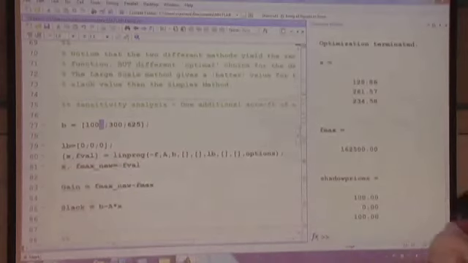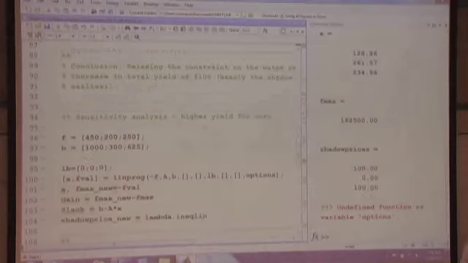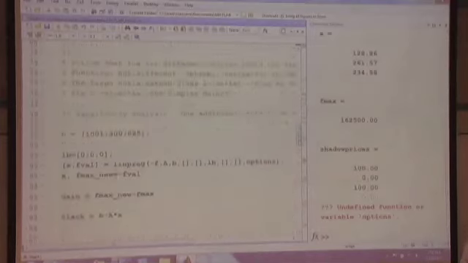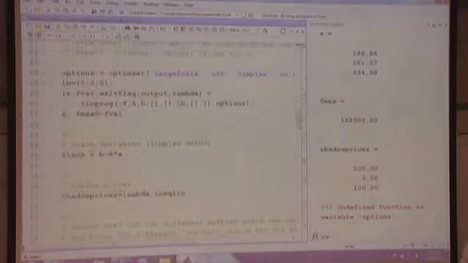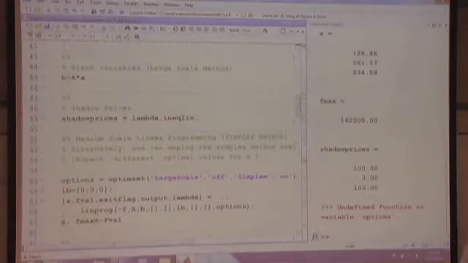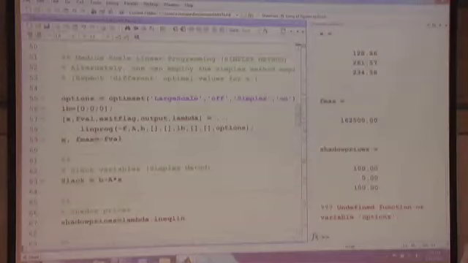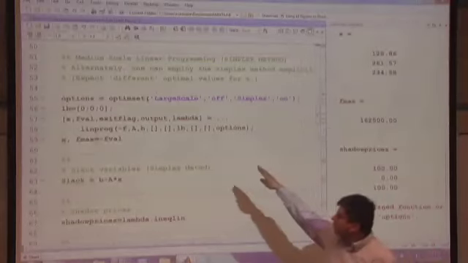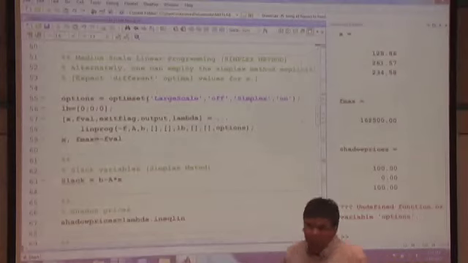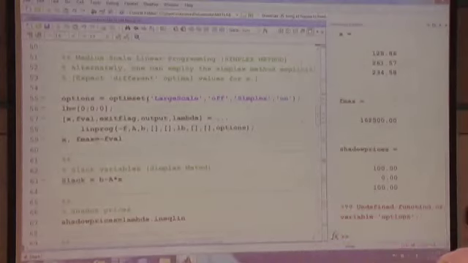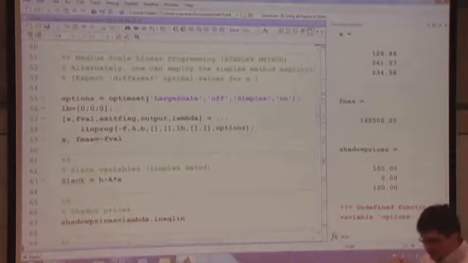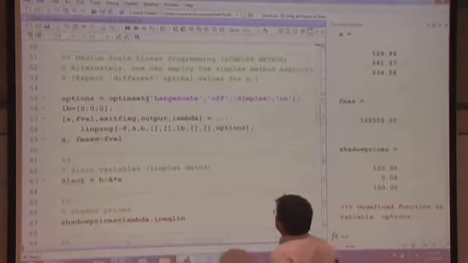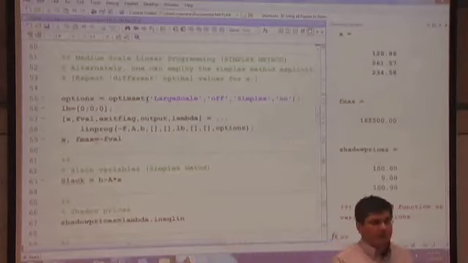So I can run this so you can see. Okay, I jumped over something. Let me just say the following: the first thing that we ran, we ran with what's called a large-scale method, which is typically used for large-scale problems.